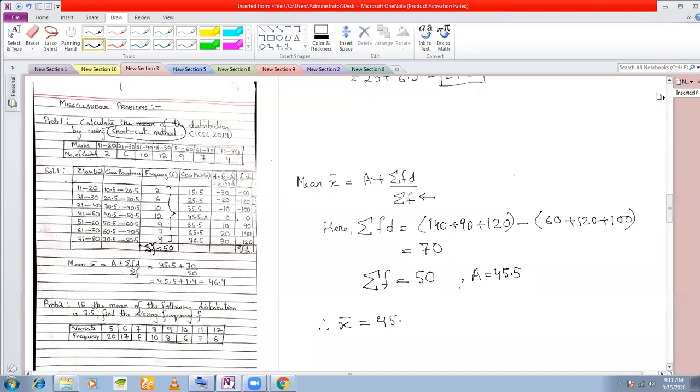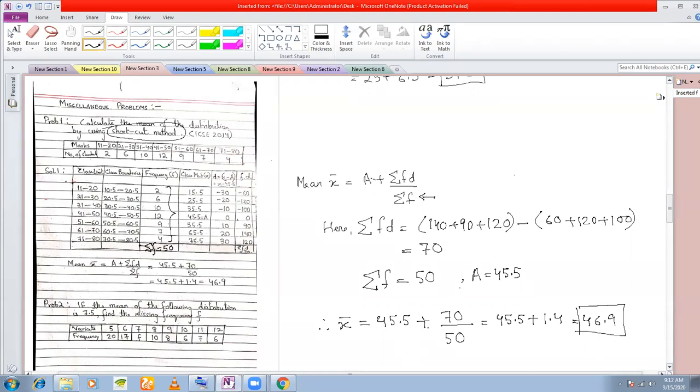So just put the values: A 45.5 plus summation FD 70 divided by summation F 50. 7 by 5 is 1.4. So you get 46.9. This is your mean by shortcut method or deviation method.